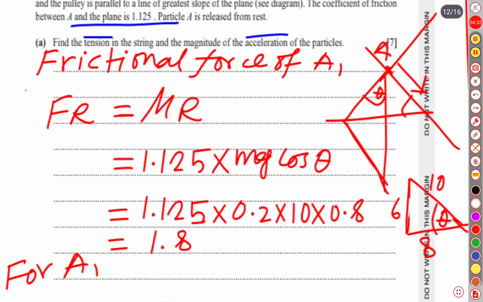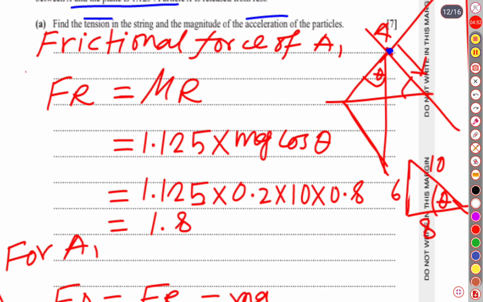I have drawn a figure over here. You can have a look at this. Here A is lying on the plane.